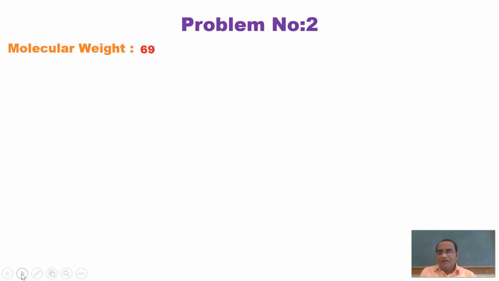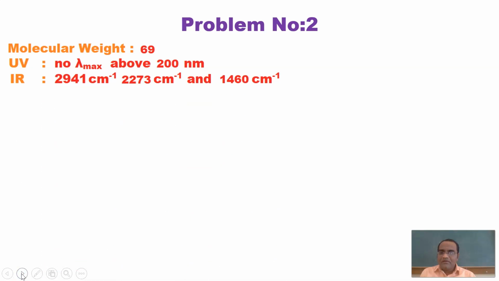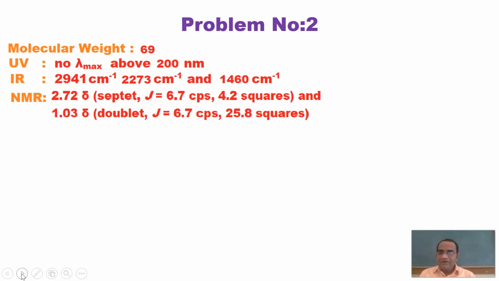Problem number 2, molecular weight 69, no UV above 200 nanometers. After that the IR values, that is 2941 cm inverse, 2273 cm inverse, and 14 cm inverse. NMR value is 2.75 delta, and the signal is a septet.